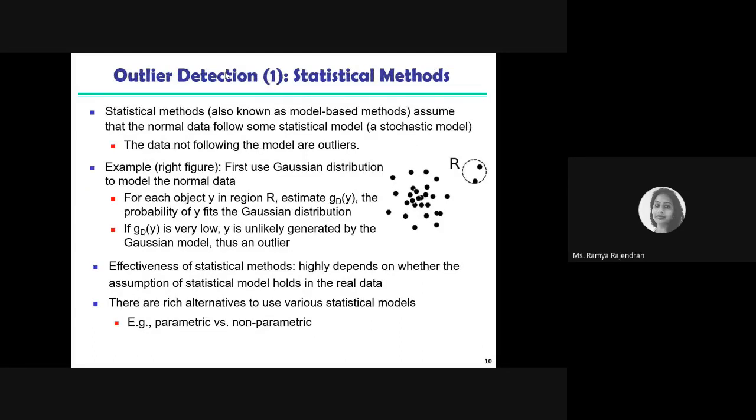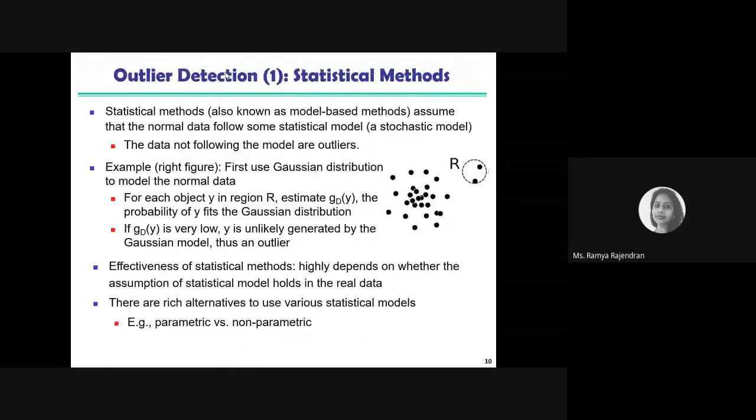So we'll be moving to the next category of methods, which are statistical methods, proximity-based methods, and clustering-based methods. Outlier detection methods make assumptions about the outliers with respect to the rest of the data. According to the assumptions made, these three types have been formulated.